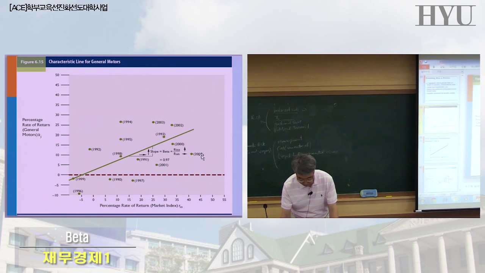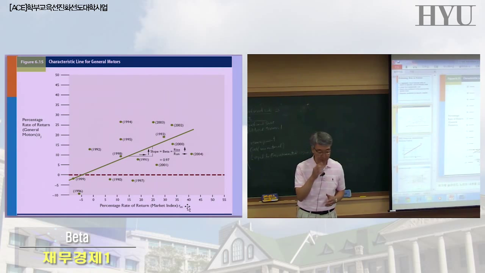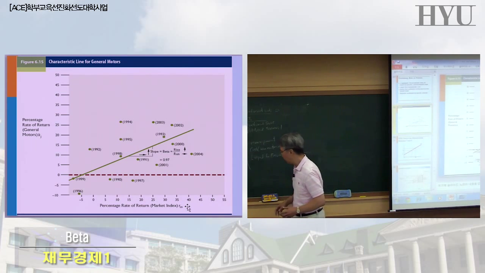So maybe the last 14, 15 years, right? So on the horizontal axis, you put the percentage return on the market index. As the market index, we typically use something like the S&P 500 index, right?